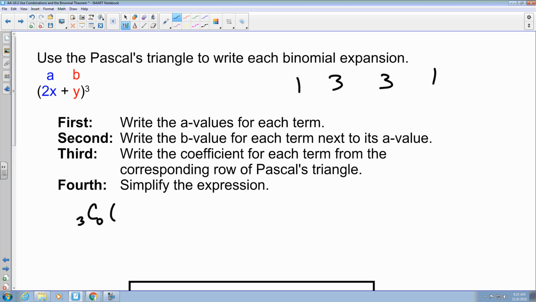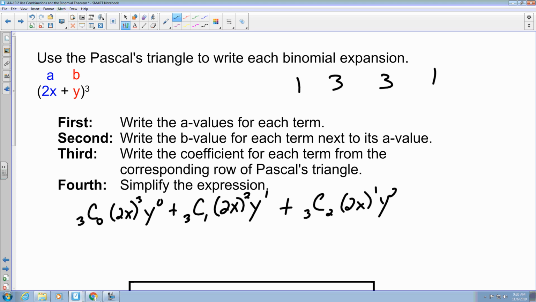So now I go over here and say that this is going to be C(3,0) times 2x raised to the third power, y raised to the 0, plus C(3,1) times 2x quantity squared times y to the first, plus C(3,2), so this is going to be 2x to the first, y to the second, plus C(3,3), 2x to the 0 power, and then y to the third.